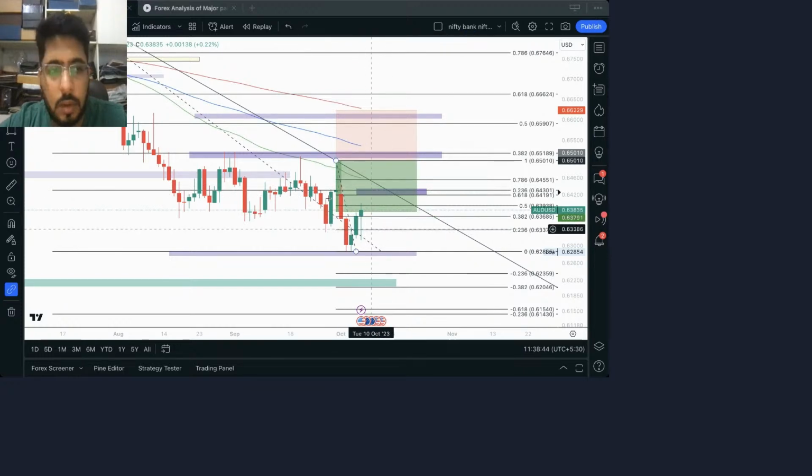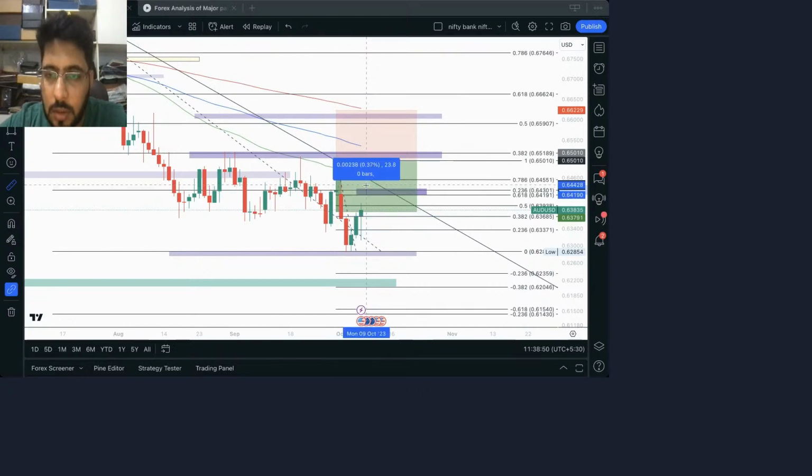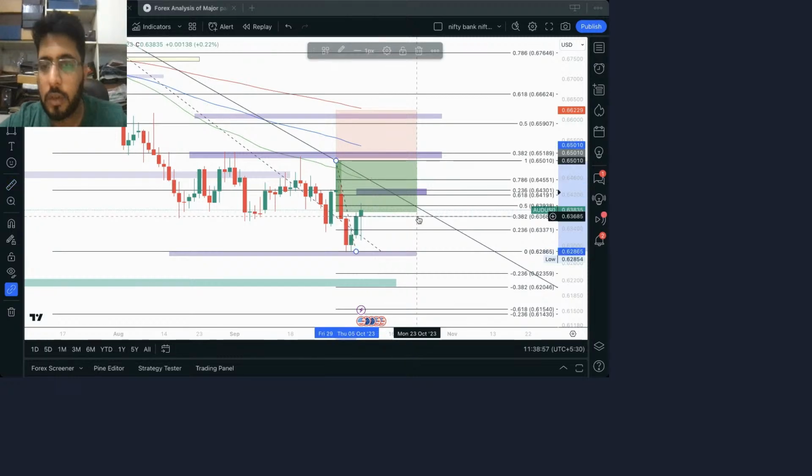Yeah, we can take a small trade with, I think, 25 pip stop loss with a target of 50 pips. So 1 is to 2 risk reward ratio.